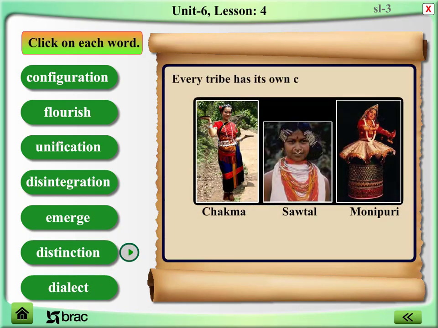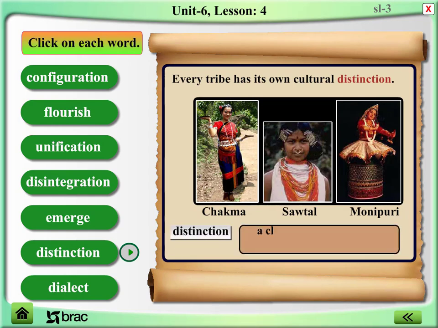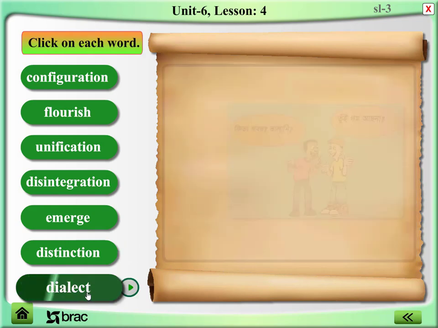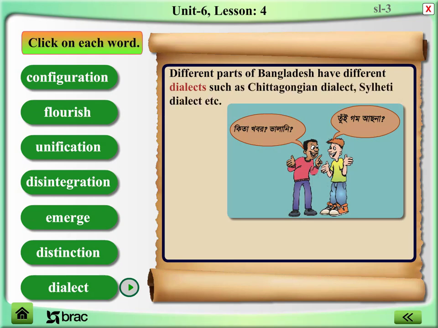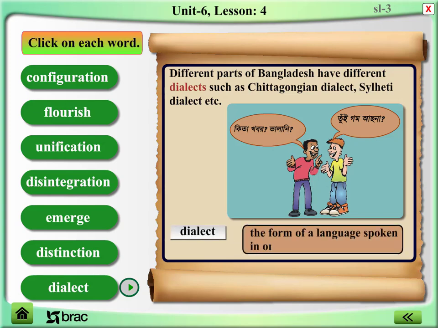Every tribe has their own culture distinction, meaning a clear difference between people or things. Dialect. Different parts of Bangladesh have different dialects, such as Chittagongian dialect, Sylheti dialect, etc. Meaning the form of a language spoken in one area.